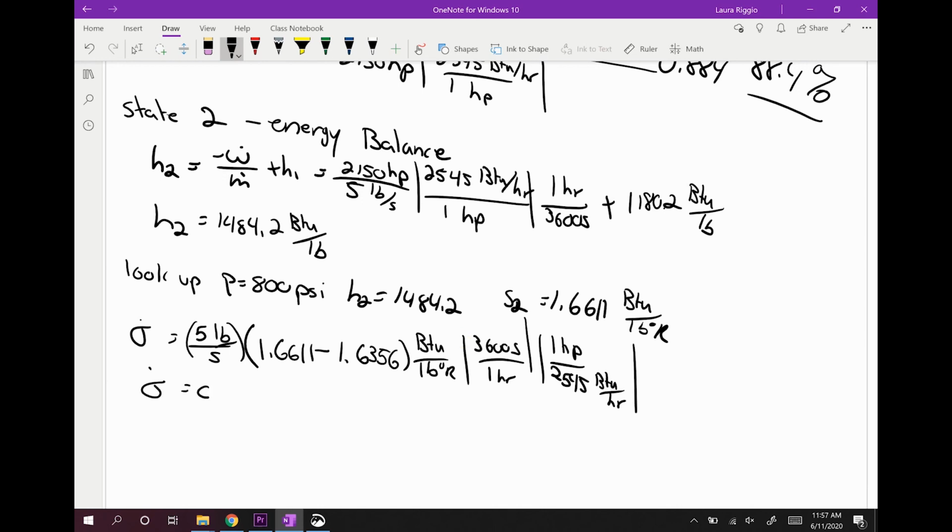We produce 0.1804 horsepower per degree Rankine in entropy production.